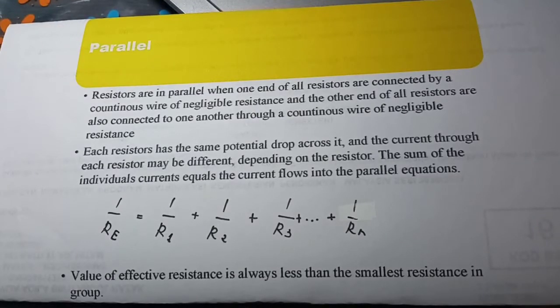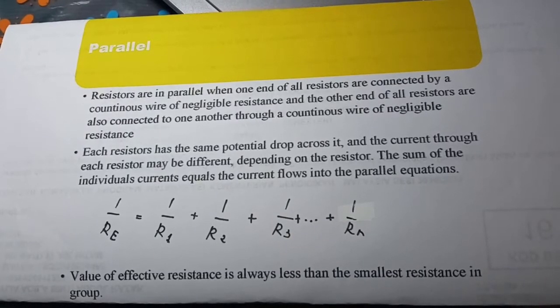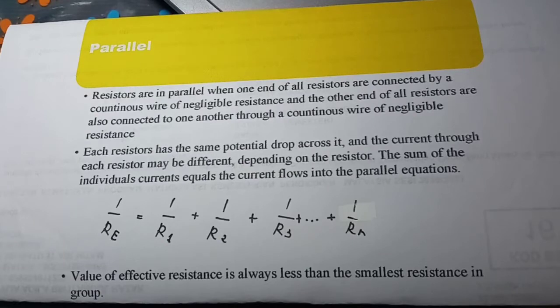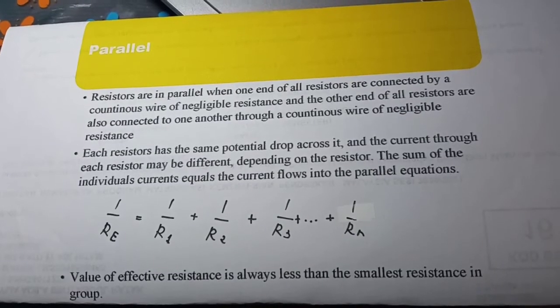Next, in a parallel circuit, resistors are in parallel when one end of all resistors are connected by a continuous wire of negligible resistance, and the other ends of all resistors are also connected to one another through a continuous wire of negligible resistance.